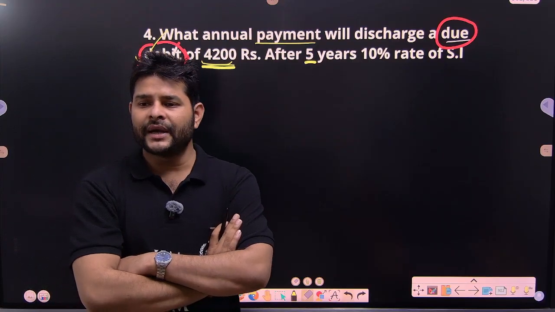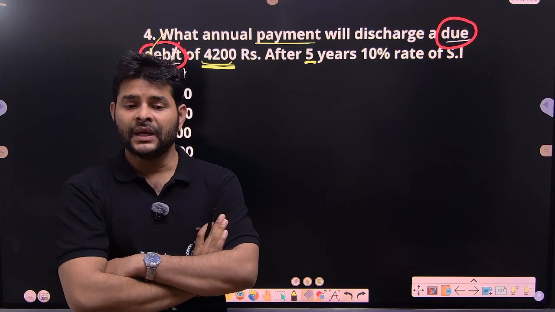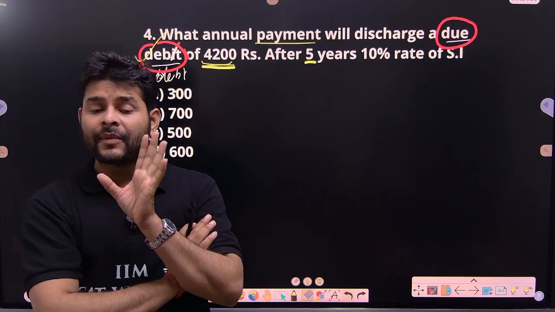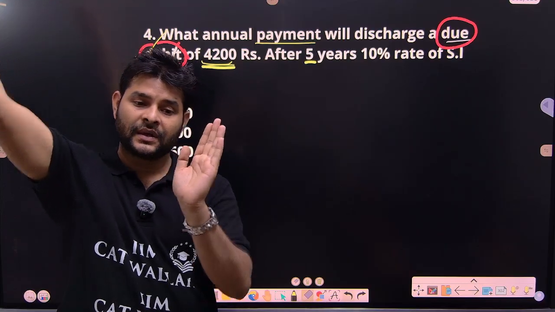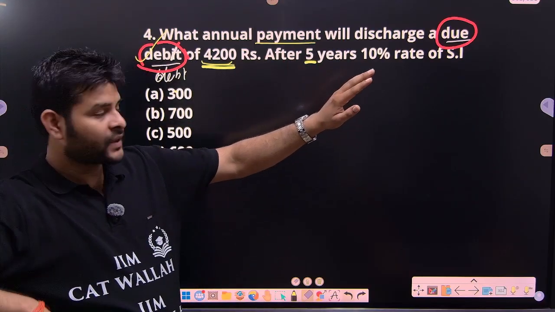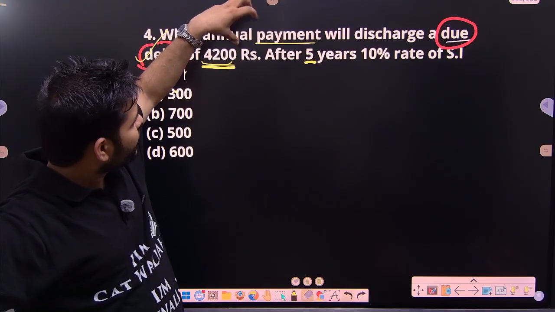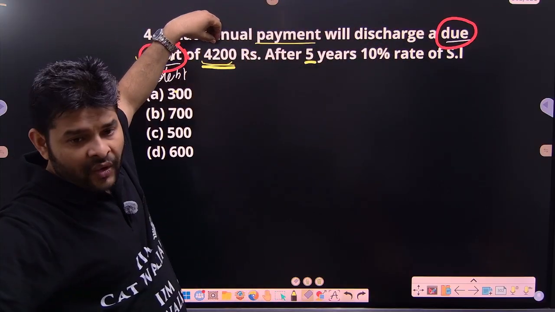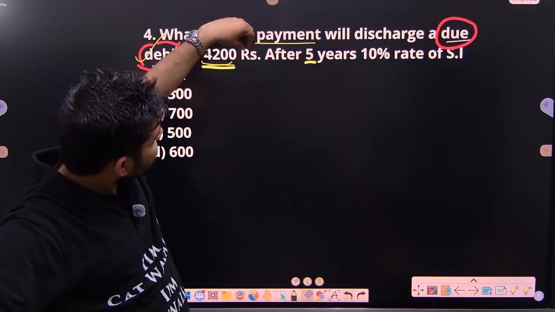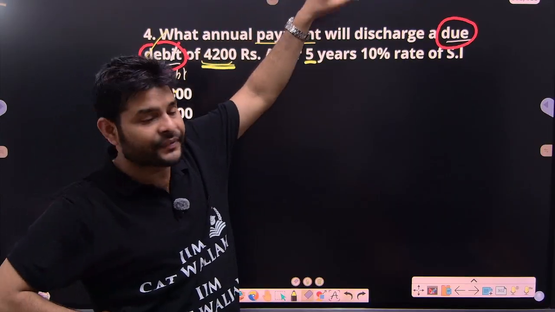So due date means what? I had to pay that amount after a certain period of time, not immediately. So, what annual payment will discharge a due debt of 4,200 rupees after 5 years at 10% interest?